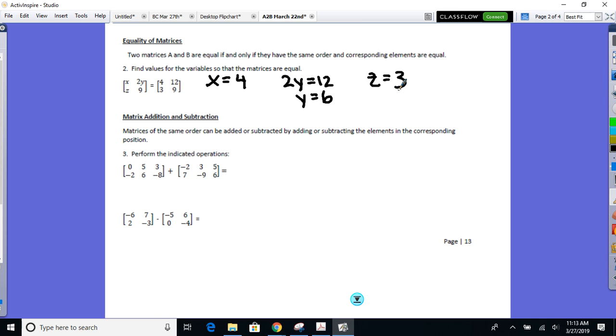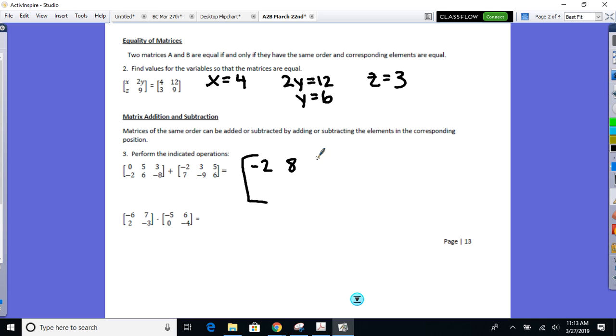How do you think I add 2 matrices? Add their corresponding spots to make one new one. So what are you going to add to 0? Negative 2. So in the first spot here, we'll put negative 2. You've got 5 plus 3, 3 plus 5.